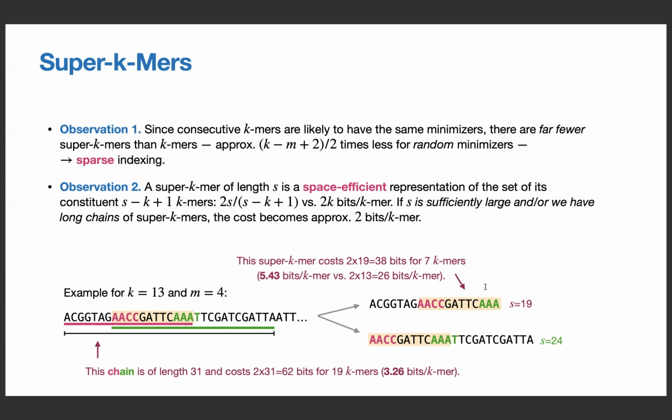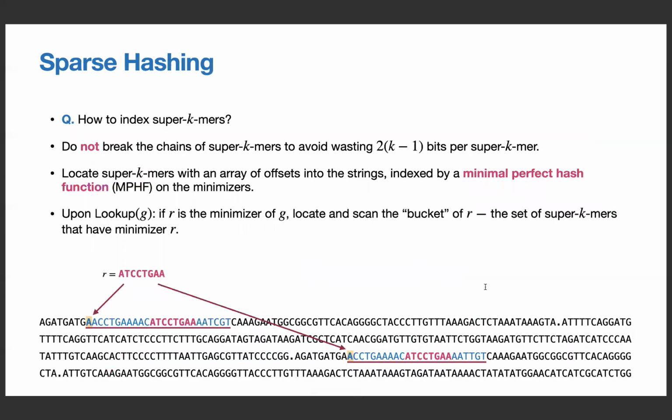And so in this example for K equal 13, we go from a trivial cost of 26 bits per K-Mer to 5.4 by representing the super K-Mers, and then to 3.2 more or less by preserving the chains between the super K-Mers. So now the question is, right, but how do we index super K-Mers?